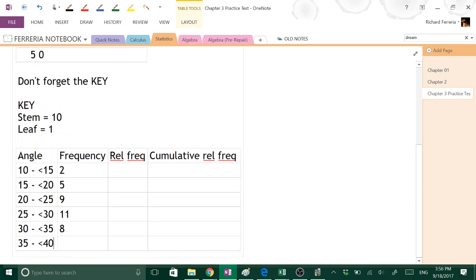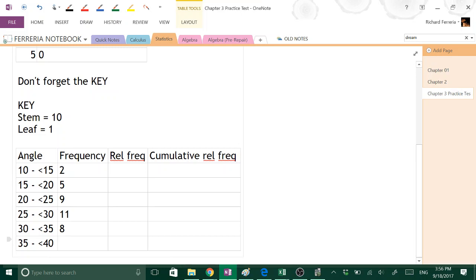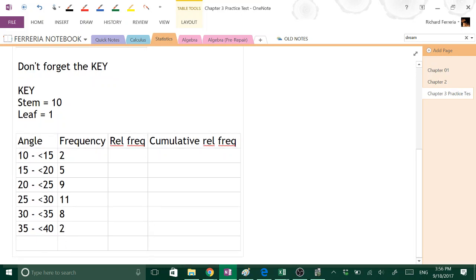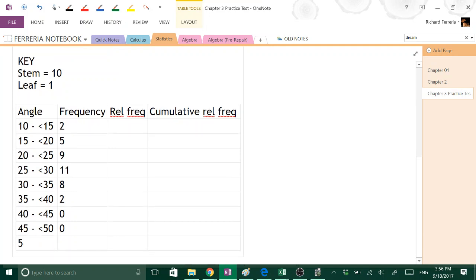$35 to less than 40. That looks like 2. And then even though there's no measurements here, we still got to put it in the chart. $50 to less than 55.